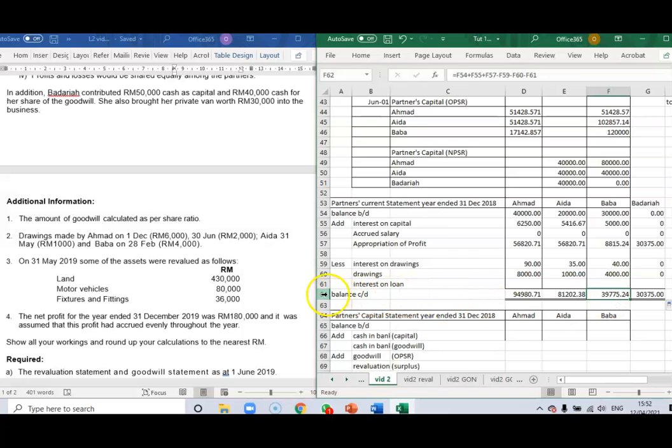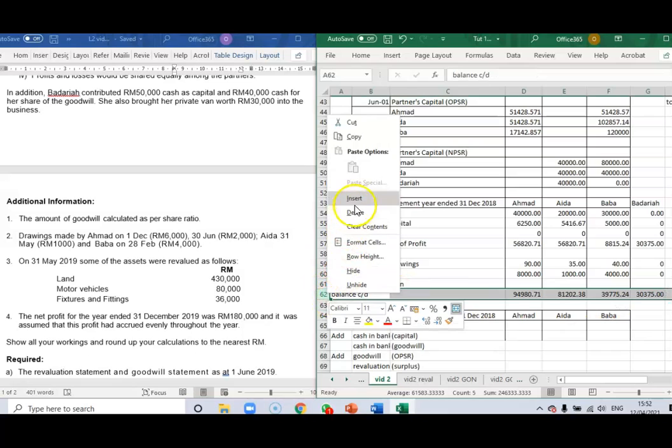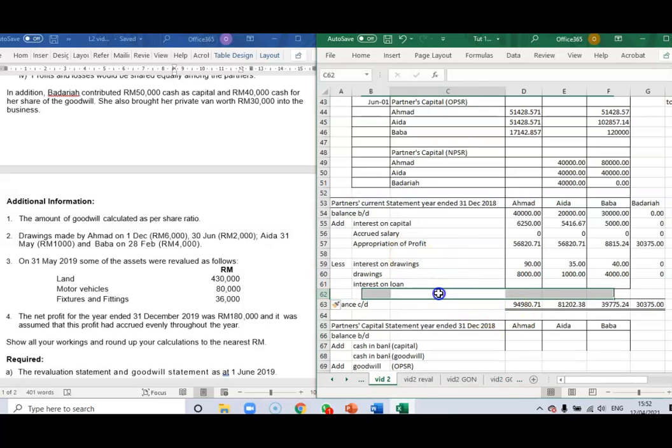Okay, so if you have a surplus, this surplus should be transferred to partner's capital account. Well, interest on loan is 0. There is no interest on loan. So you need to transfer to the partner's capital account.